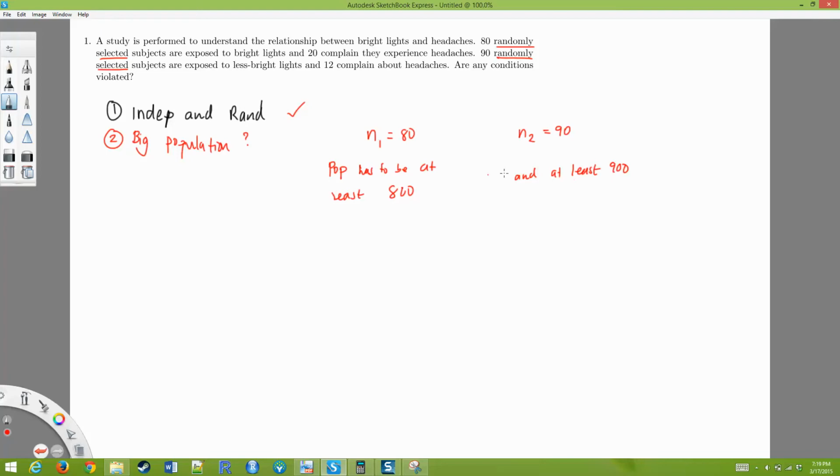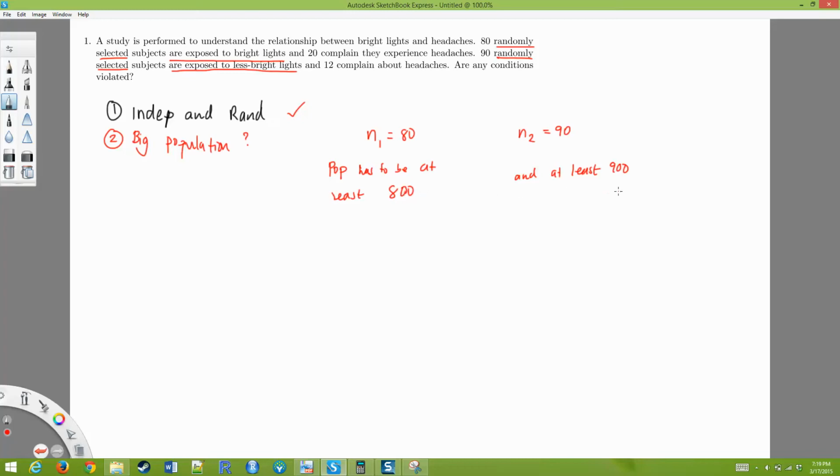What would be the population that corresponds to these samples? This is actually everybody who is exposed to bright lights or less bright lights, so anybody who might be exposed to lights. Are there more than 800 people who could be exposed to lights?